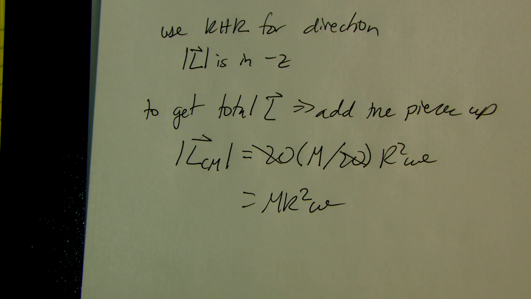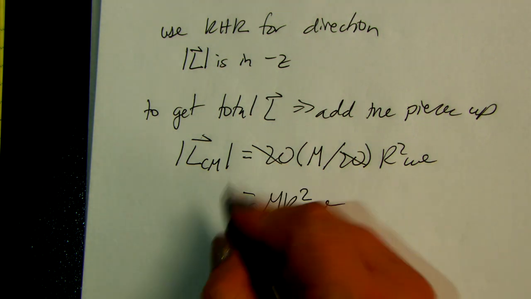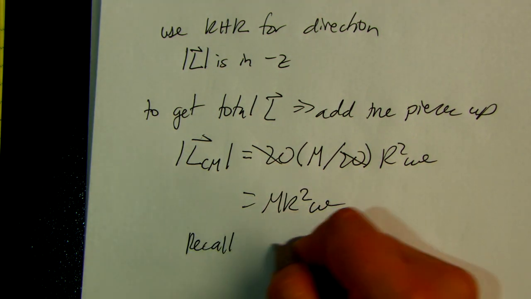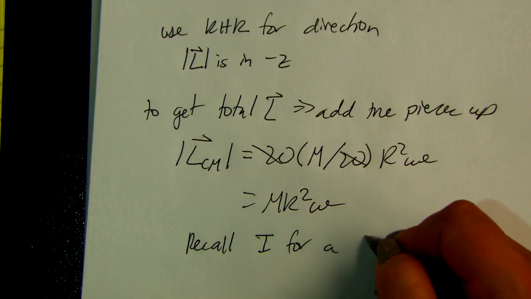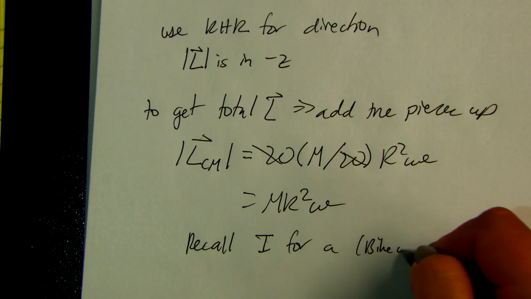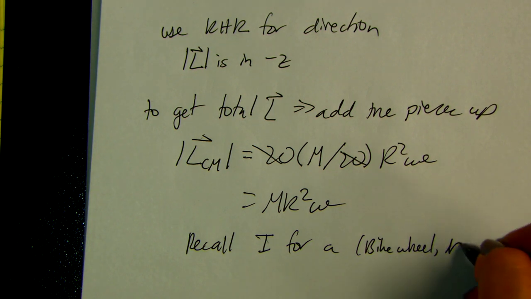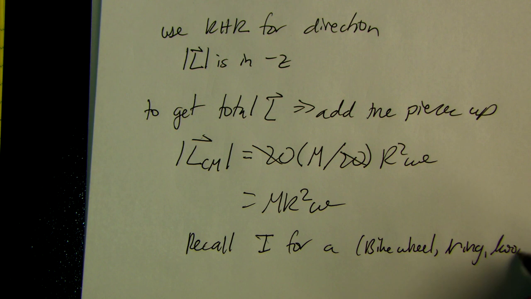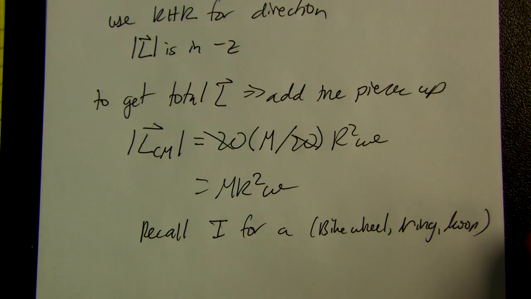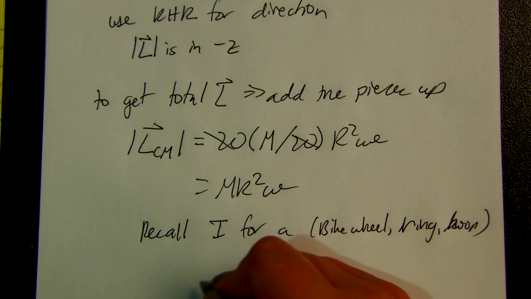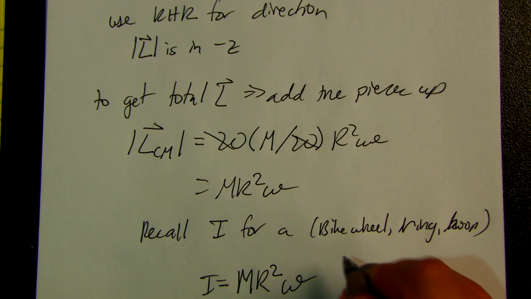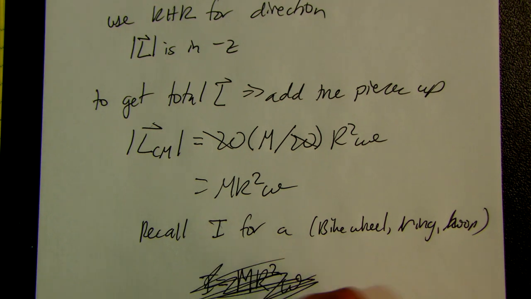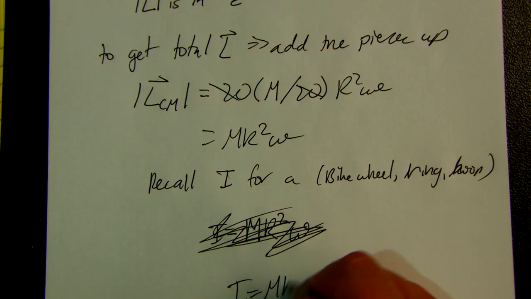Every piece is the same distance from the center of mass with a bike wheel. Also, if you recall, the moment of inertia for a bike wheel, ring, hoop, whatever you want to call it, I is equal to m r squared.